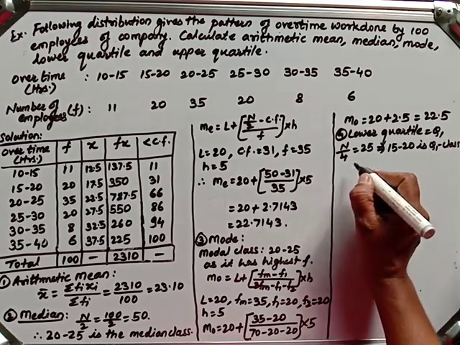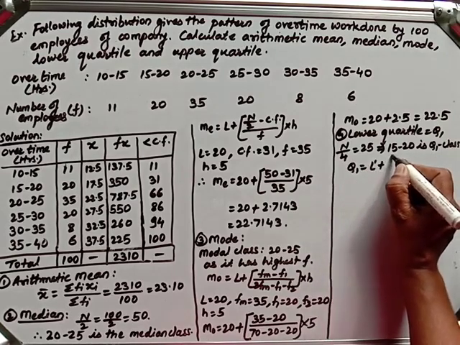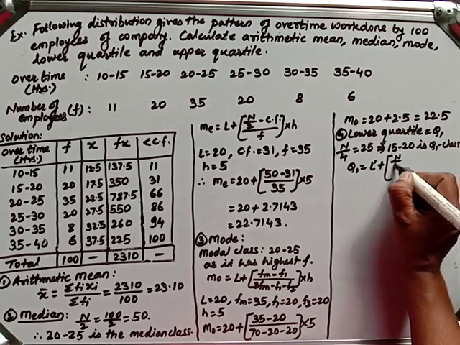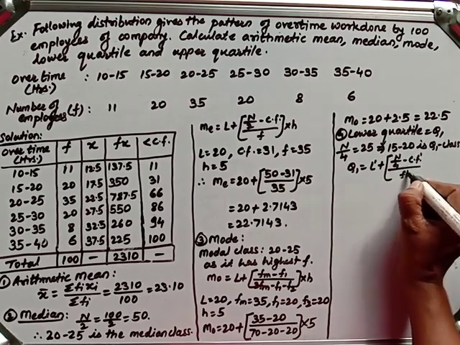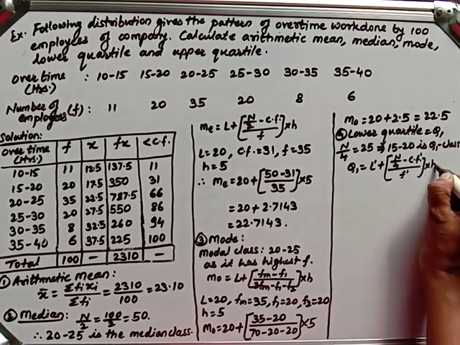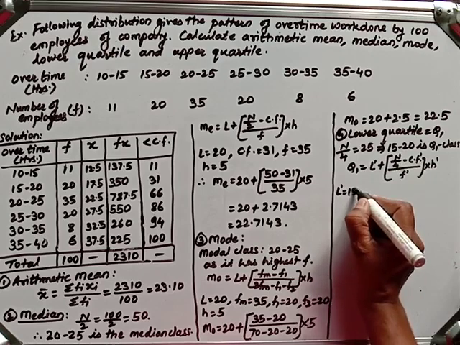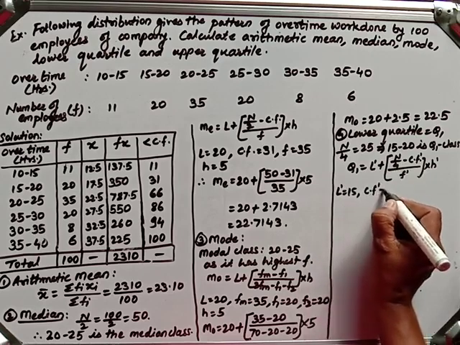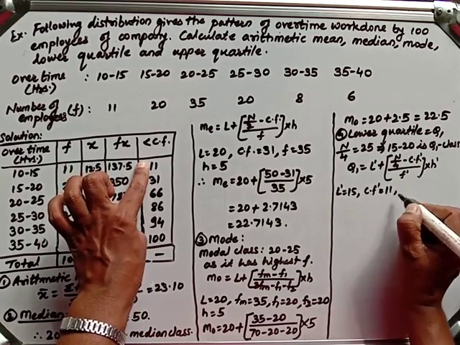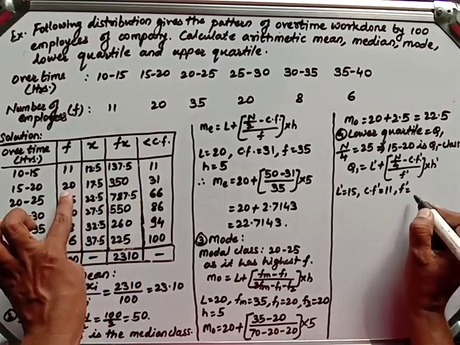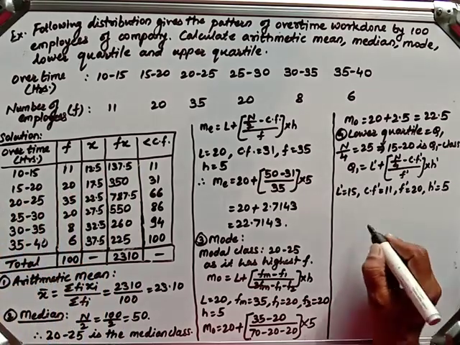Therefore the formula for Q1 is L' plus (n by 4 minus CF') upon F' multiplied by H'. So what is L' here? L' is 15. CF' is the cumulative frequency of its previous class, so it is 11. F' is the frequency of that class, so 20, and H' is 5.